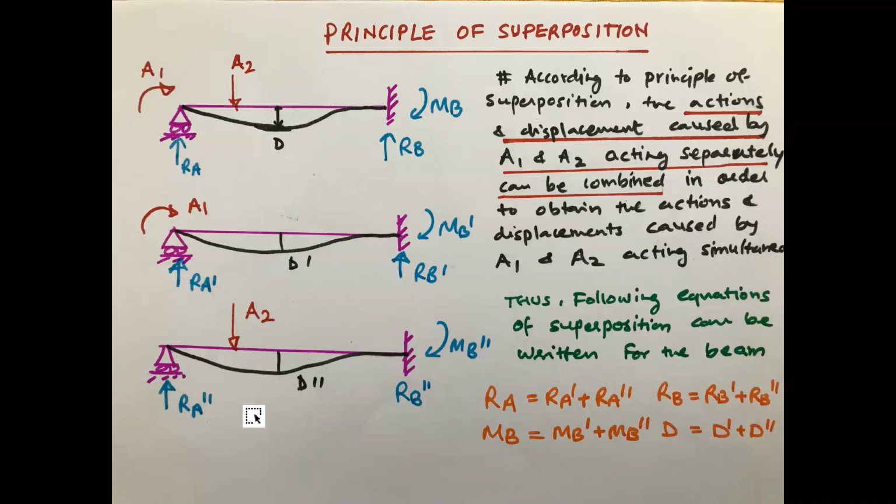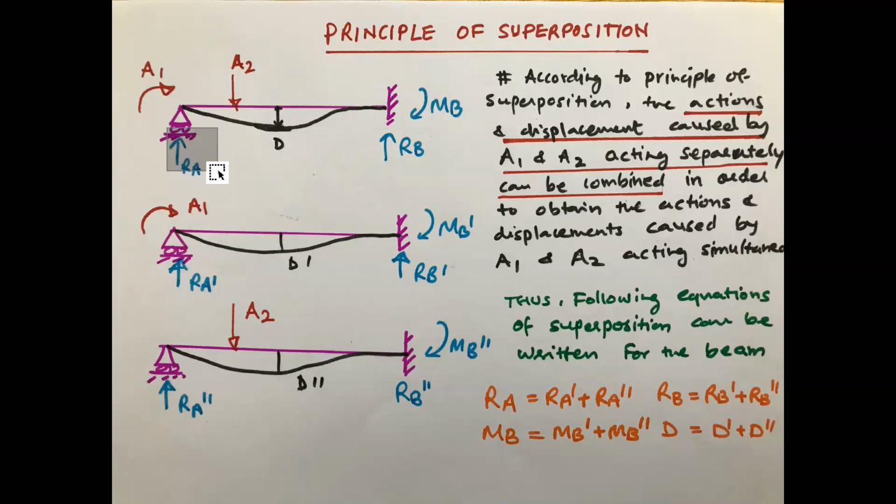If you calculate the actual values, you will come to know that they are different from these two values. This is the total one, the final one, so we have equated it in our final equation. Because of A2, we have RA double dash, RB double dash, and MB double dash. So RA is equal to RA dash plus RA double dash. This is the superposition equation applied for calculating the reaction RA at the support.